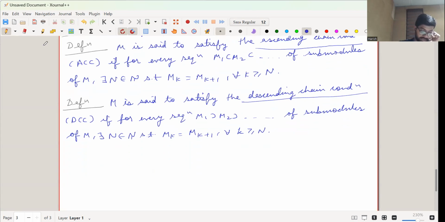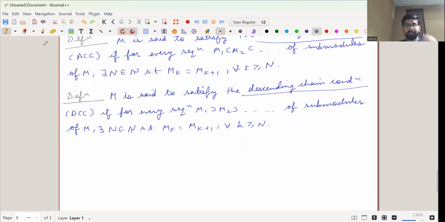Okay then. Example: the Z module Z satisfies ACC but not DCC. You can check. Okay. So why not DCC? Because you start with Z, then you can embed 2Z inside it, then 4Z, then 8Z, and so on.